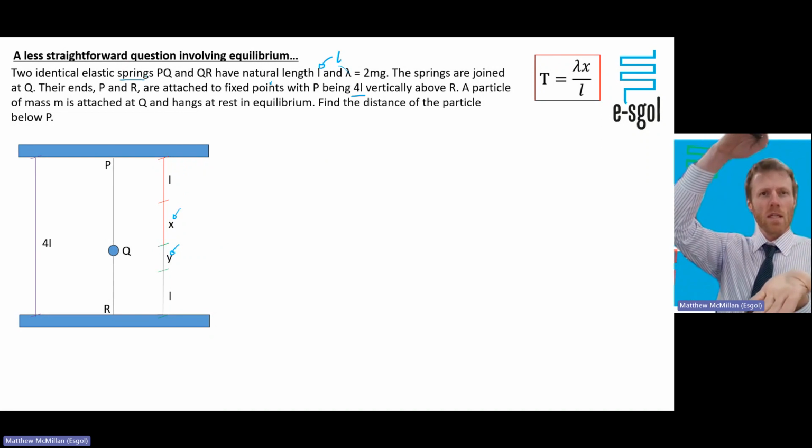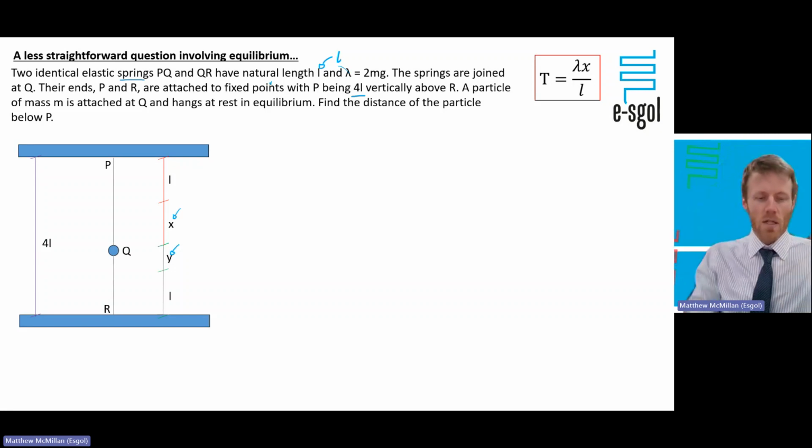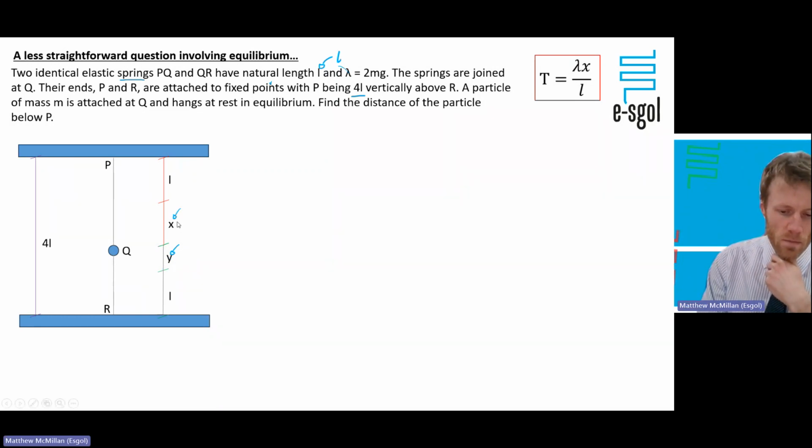So it might be that instead of both of them being stretched, the bottom one is being compressed and the top one is being stretched. I'm not really sure. Maybe when I do some calculations, if I get Y as a negative, then I might be getting a compression. Let's go ahead and do a little bit of work on this.